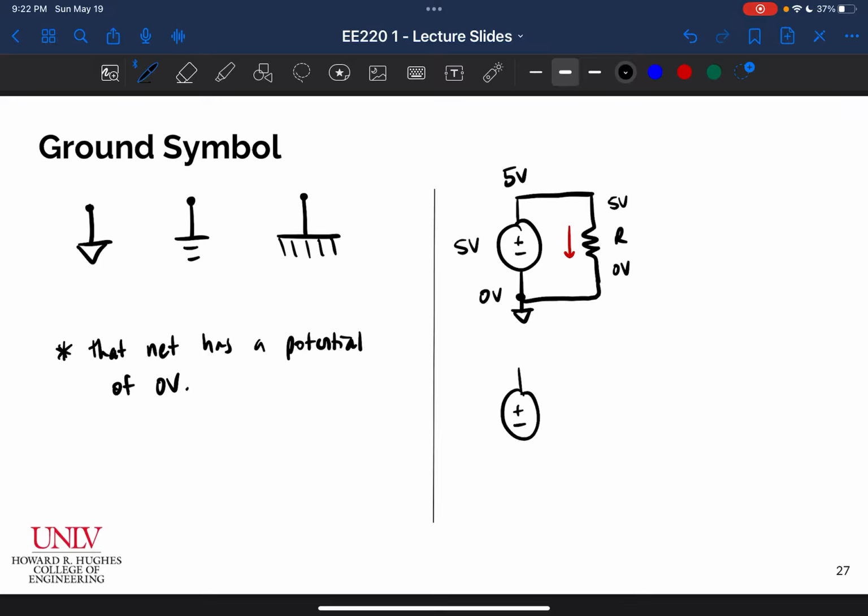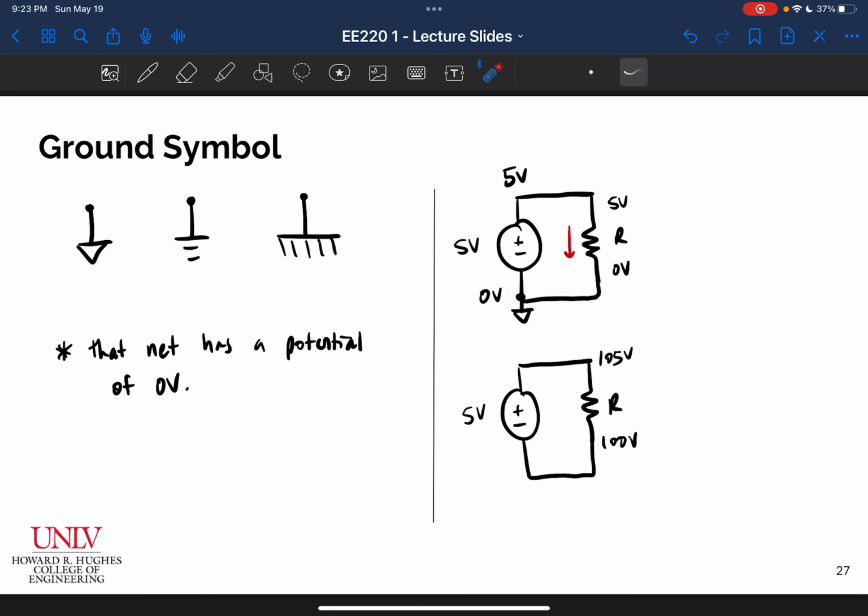The same current could flow in a circuit that has a resistance of R again, but this is 105 volts and this is 100 volts, and I would never know what these voltages are unless I had a ground symbol, because that ground symbol tells me that this bottom voltage is 0 volts.